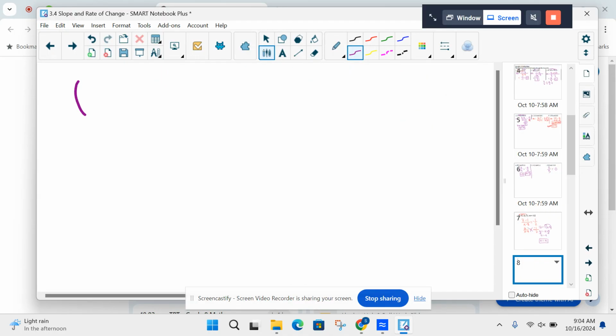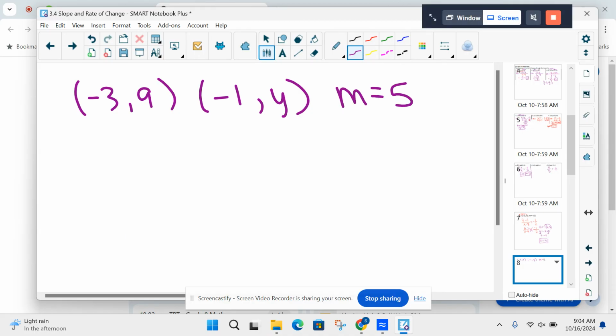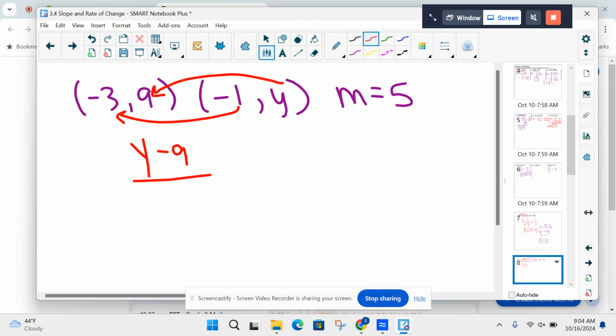Let's do this one. So negative 3 comma 9, and then negative 1 comma y. And then your slope is 5. So if you set up the slope formula, you would have y minus 9 over negative 1 minus negative 3.